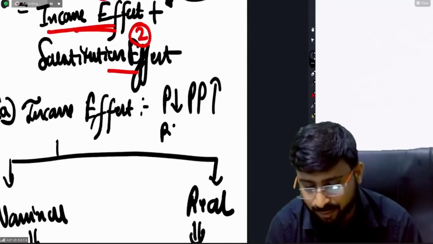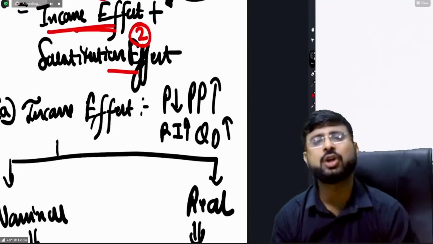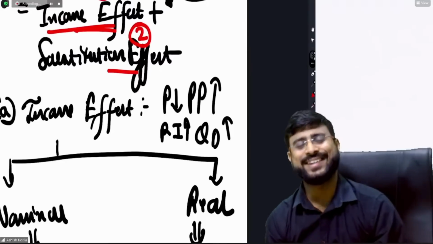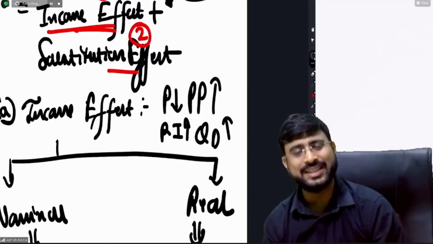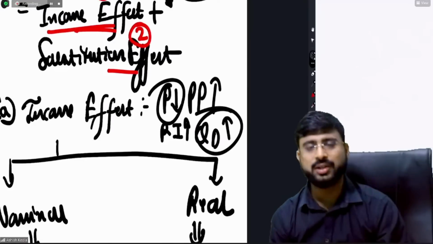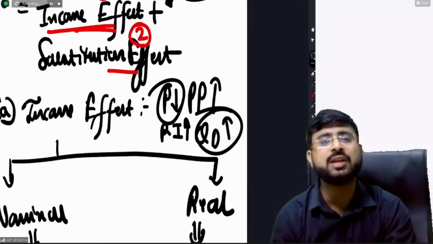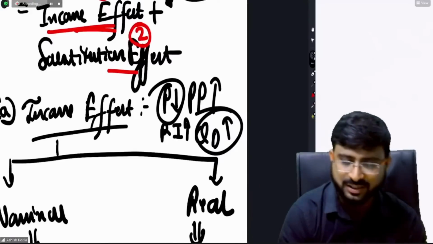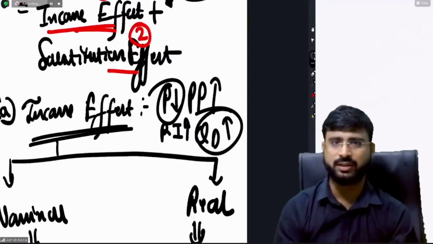More purchasing power means you have more real income, and if you have more real income, then there is more quantity demanded. So when price falls, quantity demanded rises. This is income effect.